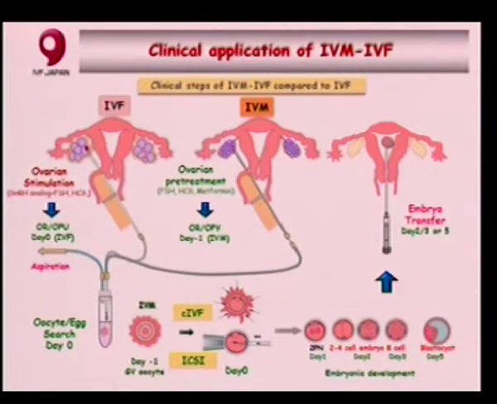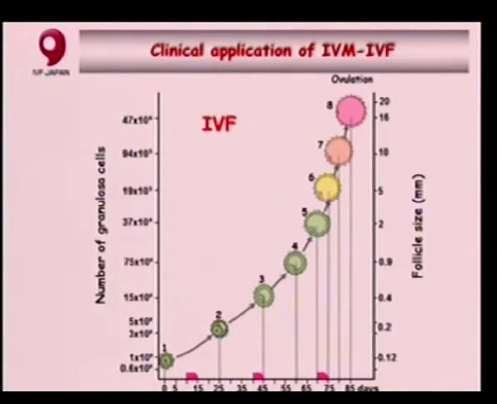Then we transfer the embryo, cleaved or blastocyst. In Japan we also do 2-step transfer, where we transfer first the cleavage-stage embryo and then second the blastocyst. And usually follicular growth needs 3 menstrual cycles.